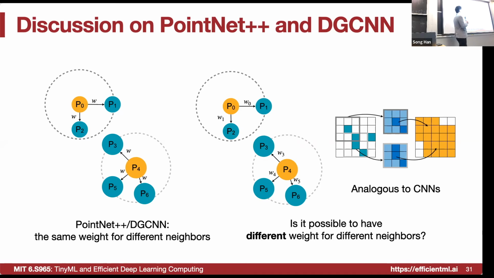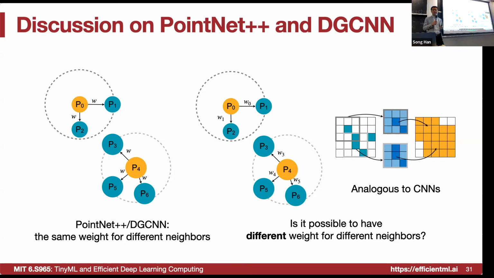In the 2D CNN, the weights for these pixels are completely different. This is W minus 1 minus 1. This is W00. This is W plus 1 plus 1. For different neighbors, we are using different weights to multiply with them in 2D CNN.